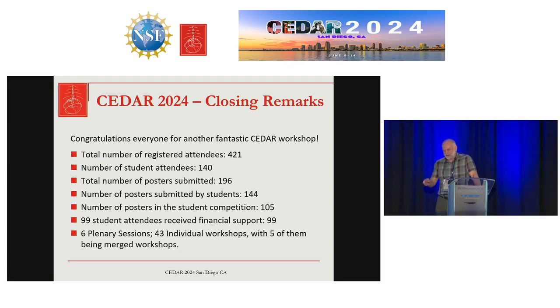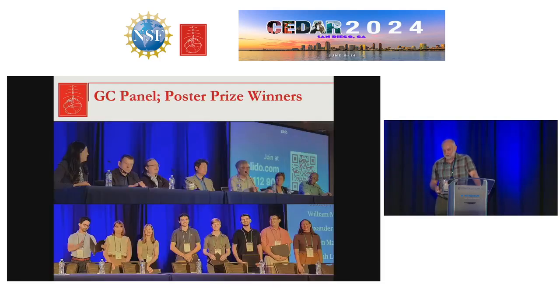I haven't checked all the other numbers, but I guess we had 140 student attendees, 196 posters, of which 144 were submitted by students, 105 in the competition. We were able to support 99 students, which I think was many more than we had originally imagined, but we were able to do that, so that was great, and lots of sessions there. 6 plenary sessions, 43 individual workshops, and we had to merge several to achieve that.